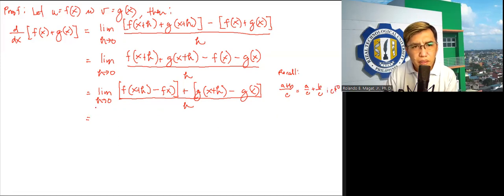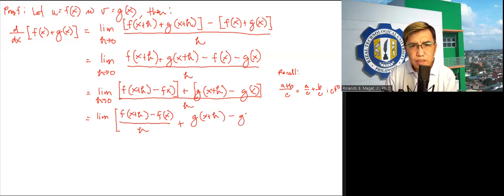So what we have is the limit of f of x plus h minus f of x all over h, plus g of x plus h minus g of x all over h, as h approaches 0.